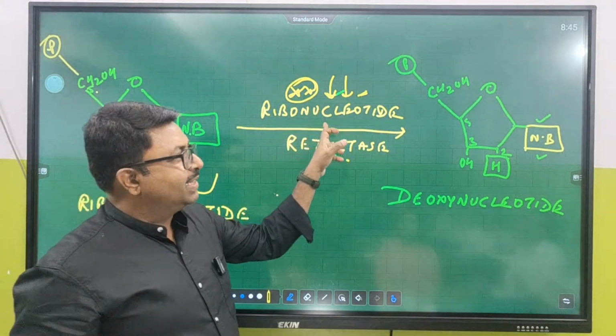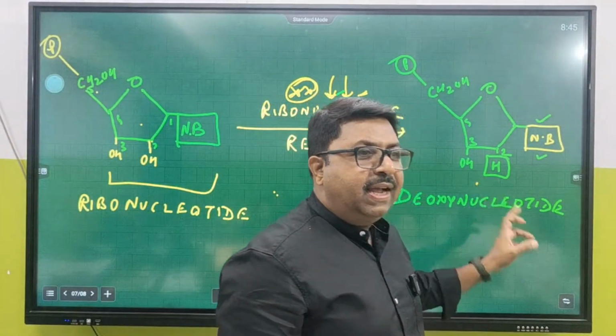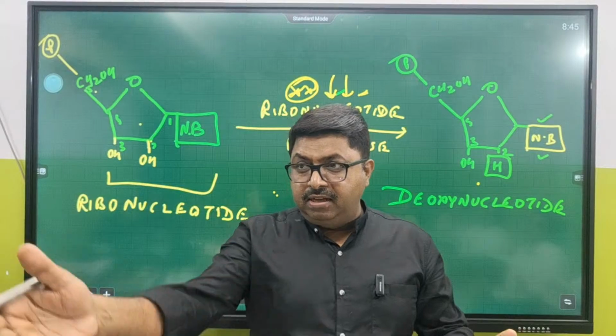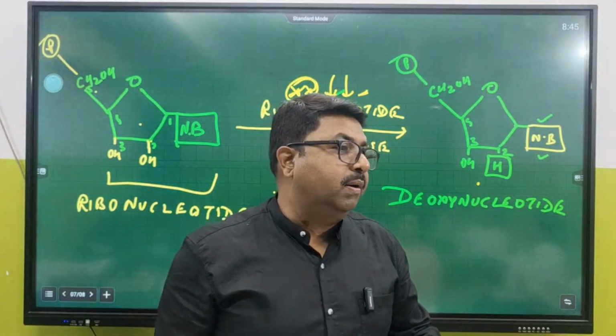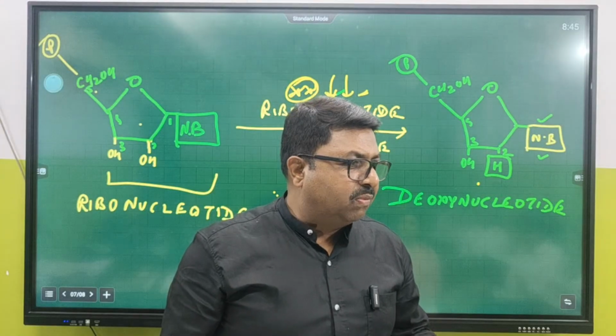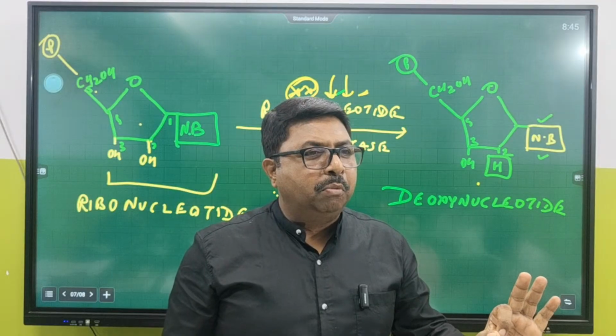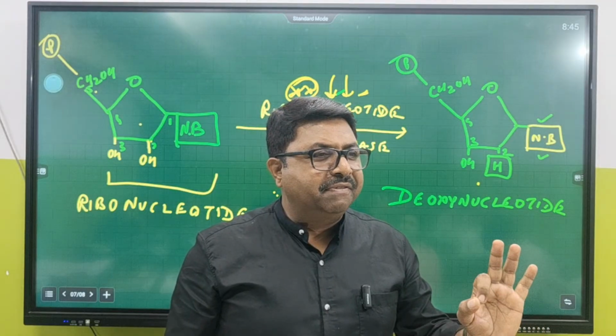If this is less, do you think you are going to have a good amount of deoxynucleotide? And if you have less deoxynucleotide, think about it: your whole body runs on what? Genes, DNA. And what is the base of the DNA? Nitrogenous base. So one of them is purine. Got the idea what the deficiency of ADA can do.